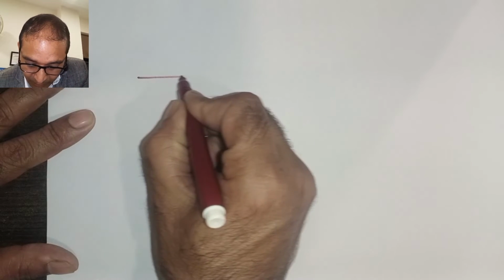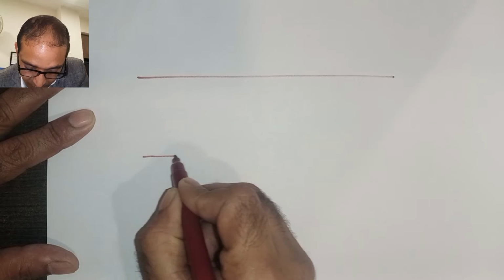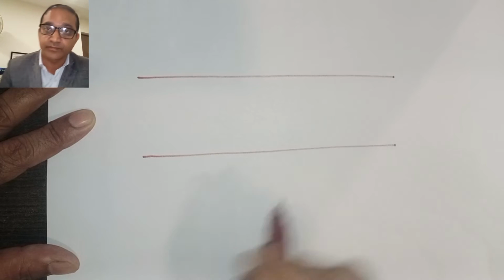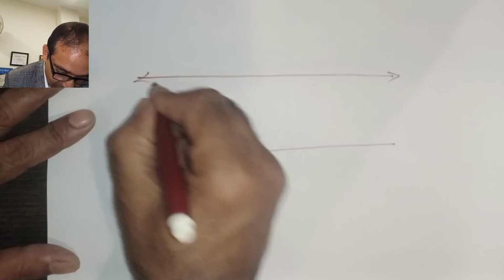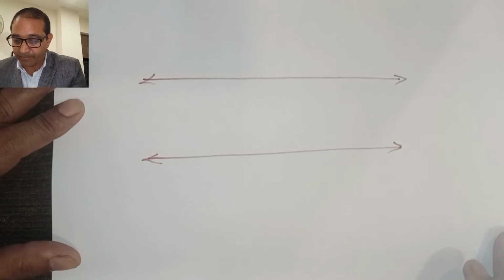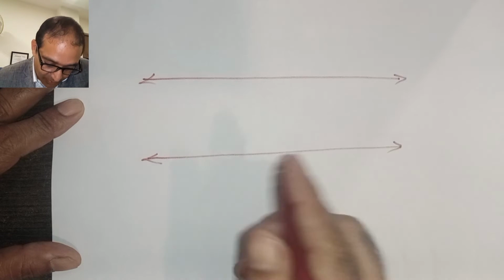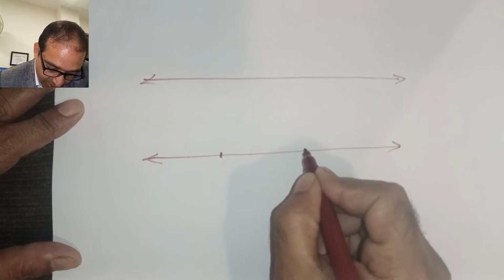What is that concept? Suppose there are two parallel lines, 1 and 2. Suppose these are two parallel lines, and now there is a line segment on this.